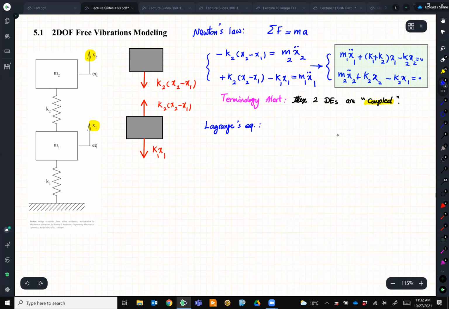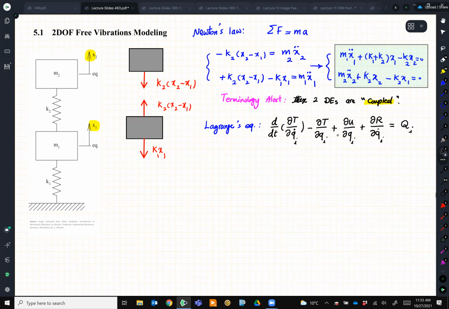The Lagrange equation has the form d/dt of the derivative of T with respect to q dot i, minus the derivative of T with respect to qi, plus the derivative of U with respect to qi, plus the derivative of R with respect to q dot i, is equal to Qi. So that's our standard Lagrange equation.